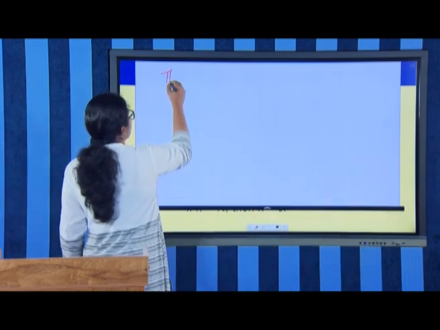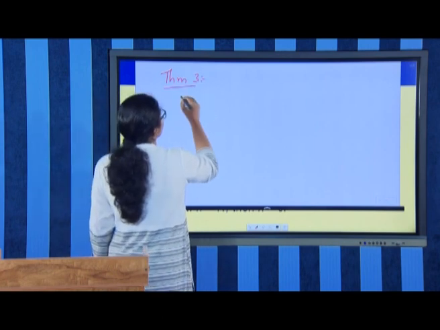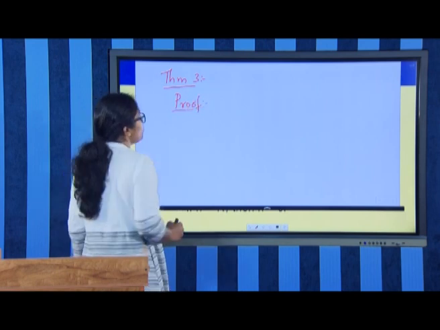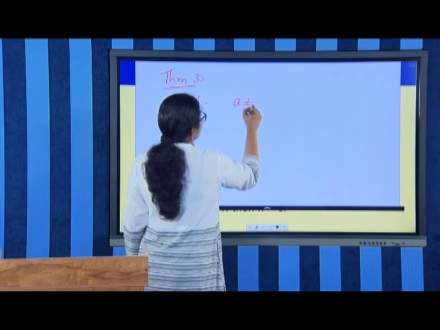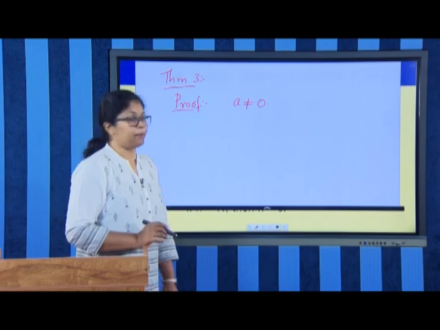So, theorem number 3, proof. We are given A is not equal to 0 and A is a real number.